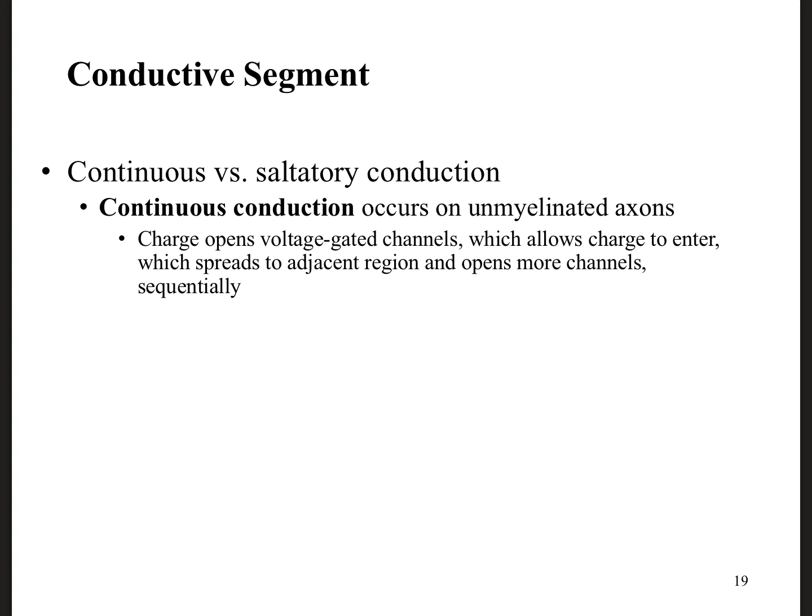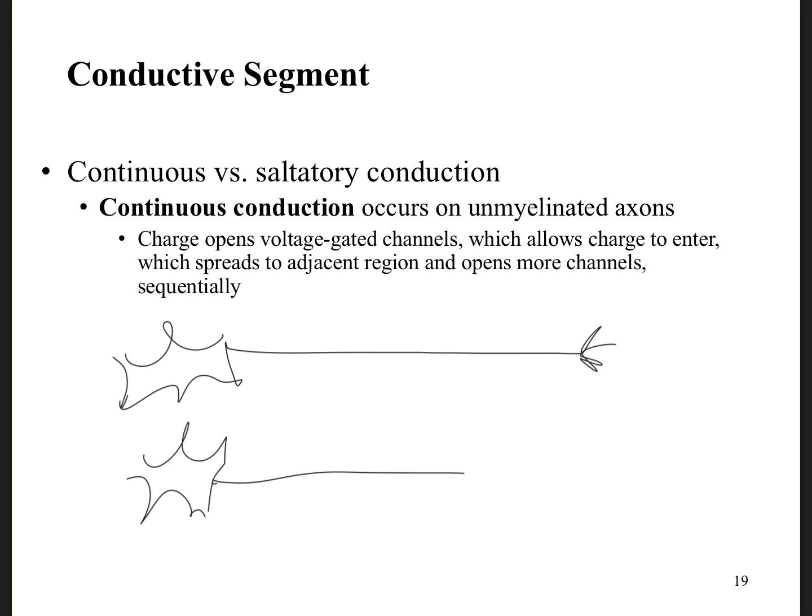So let's draw our little multipolar neuron here. We'll draw two of them, one of which is myelinated. And we'll say this is a peripheral neuron, somewhere in a nerve.